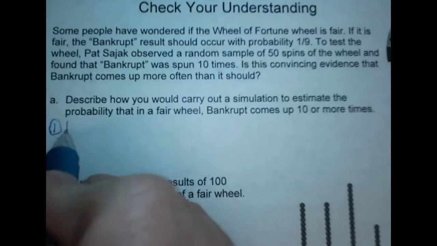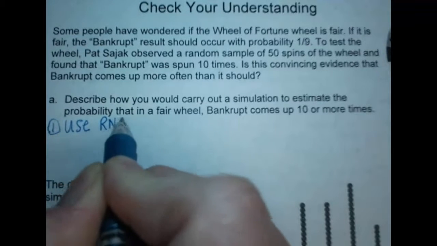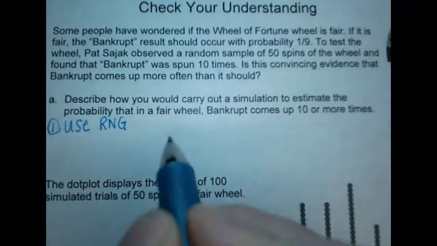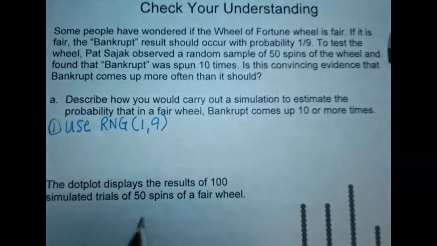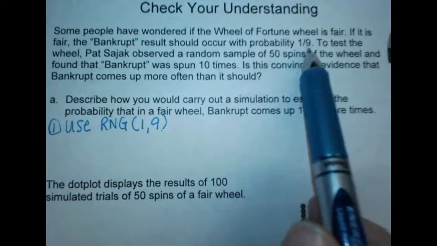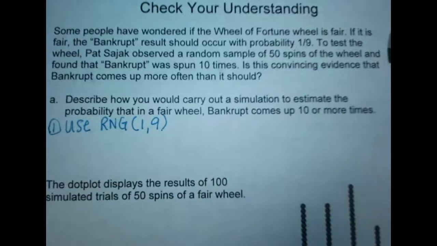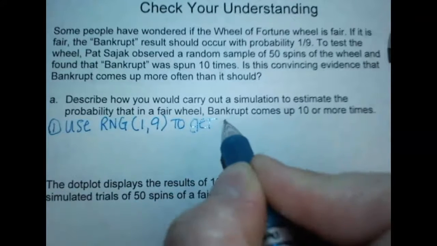So I said, and you could have said something different, but I said I was going to use a random number generator. I'm going to use my low number as 1, my high number is 9, because there is a 1 in 9 probability of getting a bankrupt here, to get 50 integers.